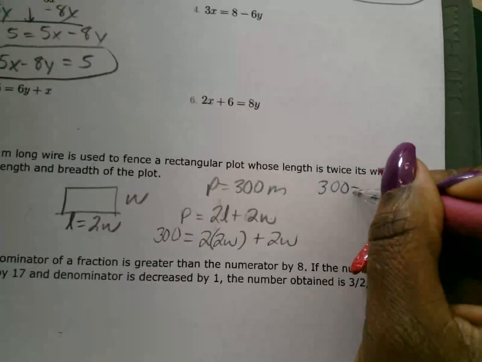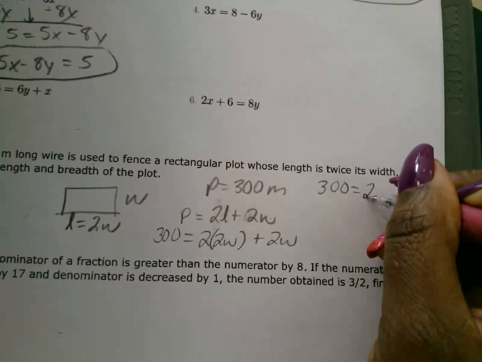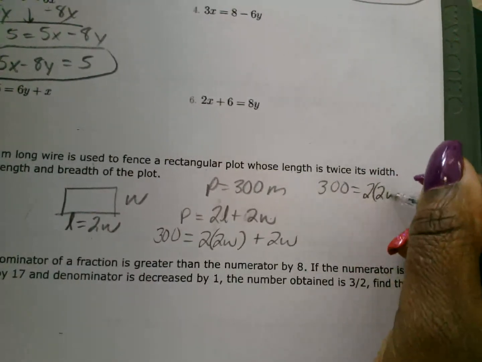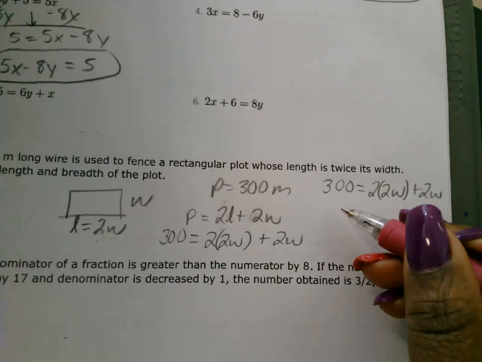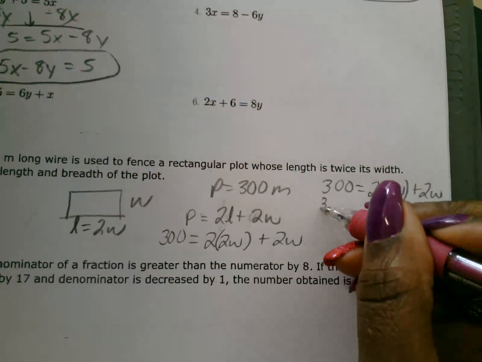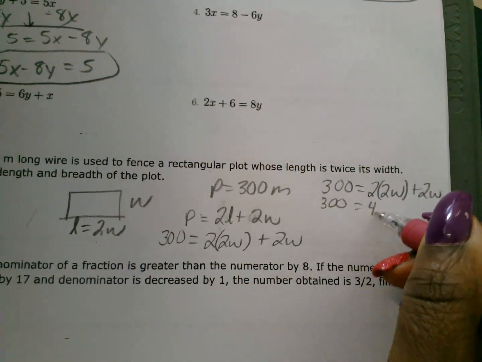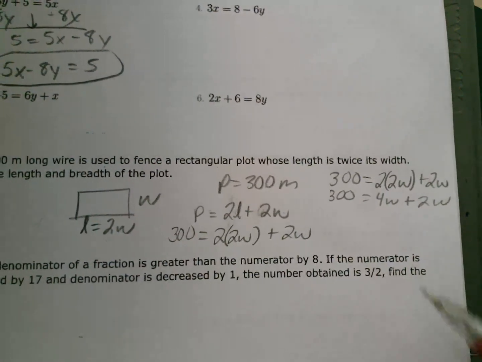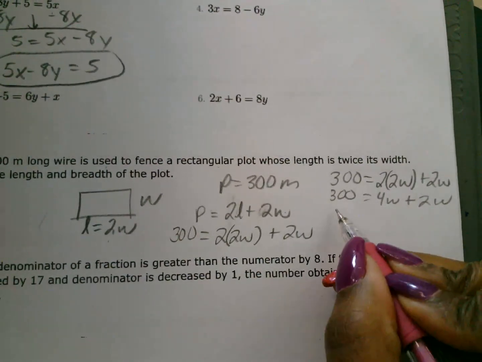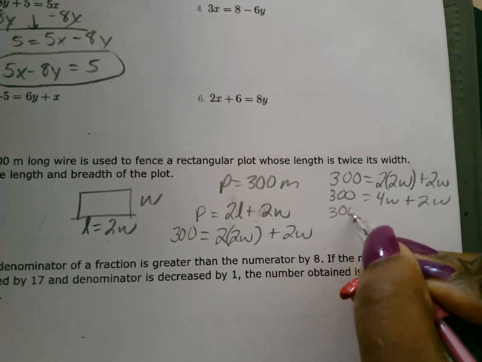So now what we have is 300 is equal to 4W plus 2W. And then this is going to be 6W when I add it together.